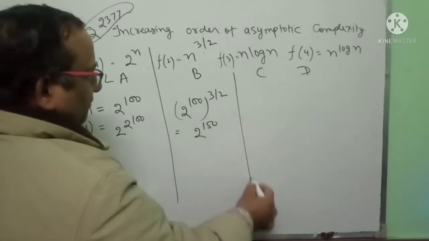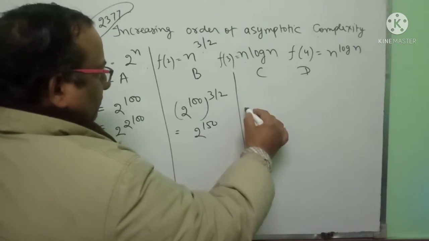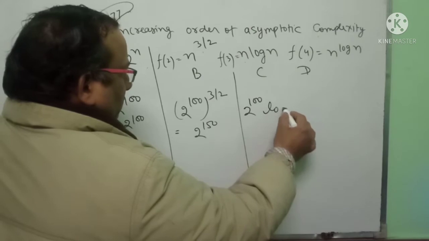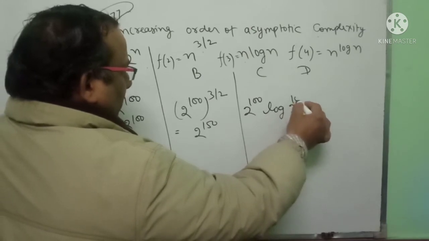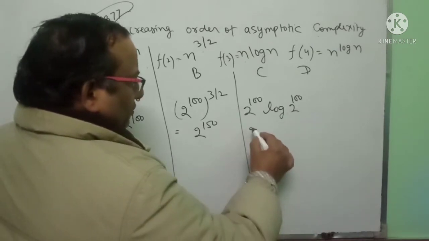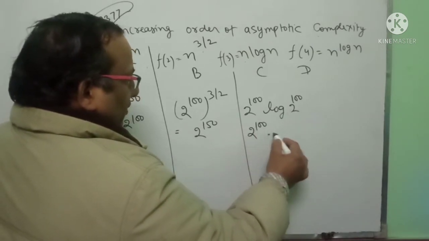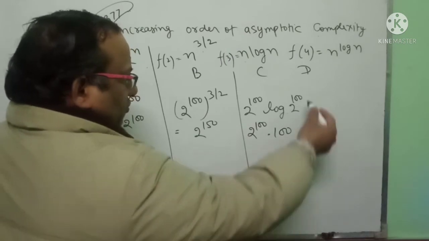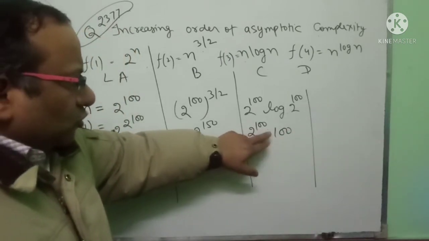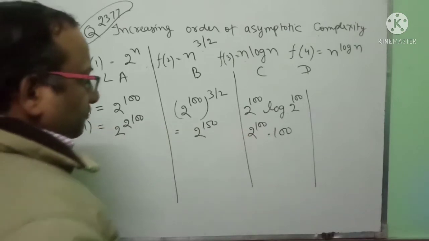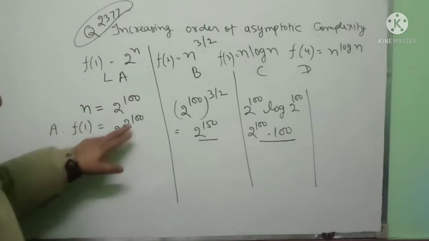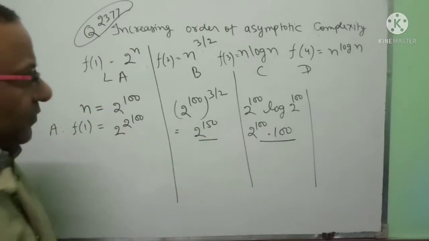Then the next one will be 2 raised to the power 100 times log of 2 raised to the power 100, and by taking base 2, log 2 is 1, so it will be 100 only. So 2 raised to the power 100 into 100. So obviously this one is much lesser than this. This one is very huge in comparison to these two.